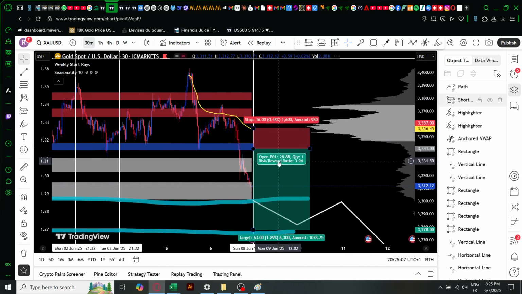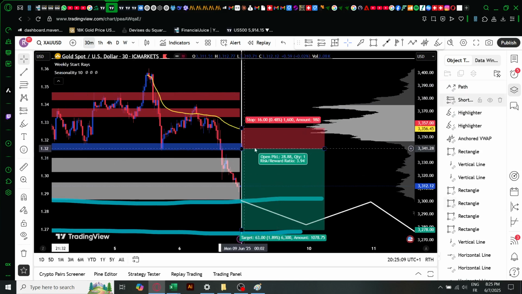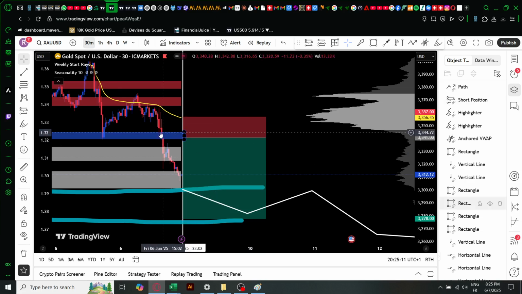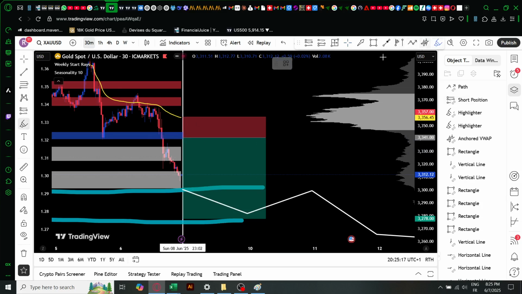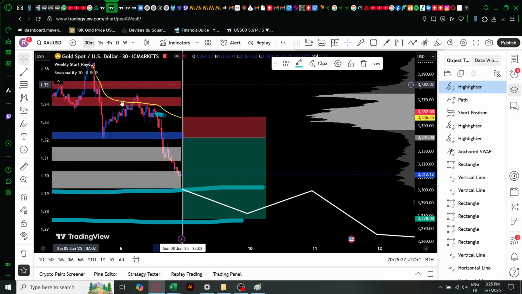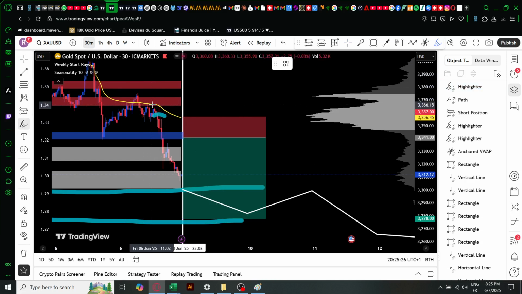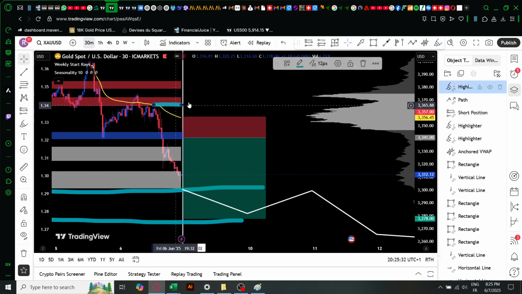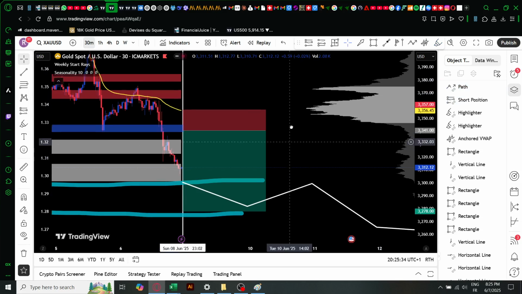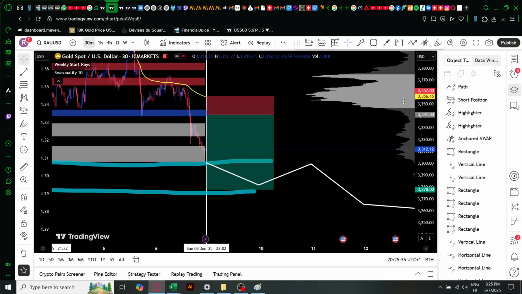you can clearly see that the closest level is here. So what I will do is I will just put my entry over here and my stop before the last rejection, which is over here. So there is a chance price will go over here, before this rejection, but who cares? It's very far, and it's unlikely to go there, but even if it goes there, who cares?